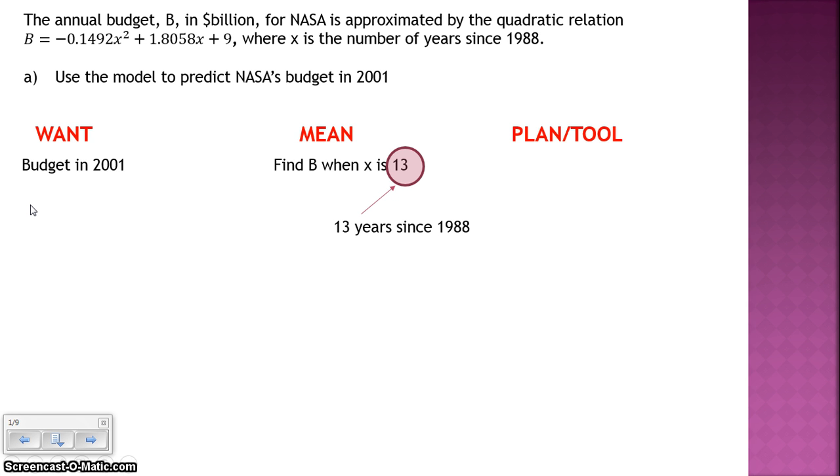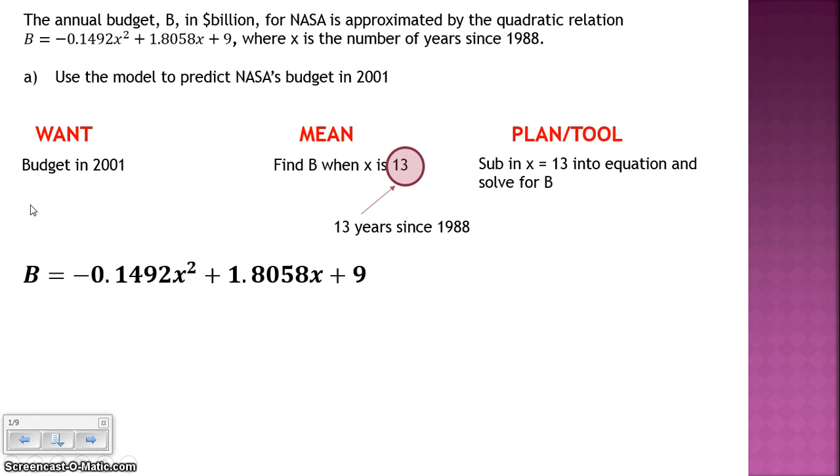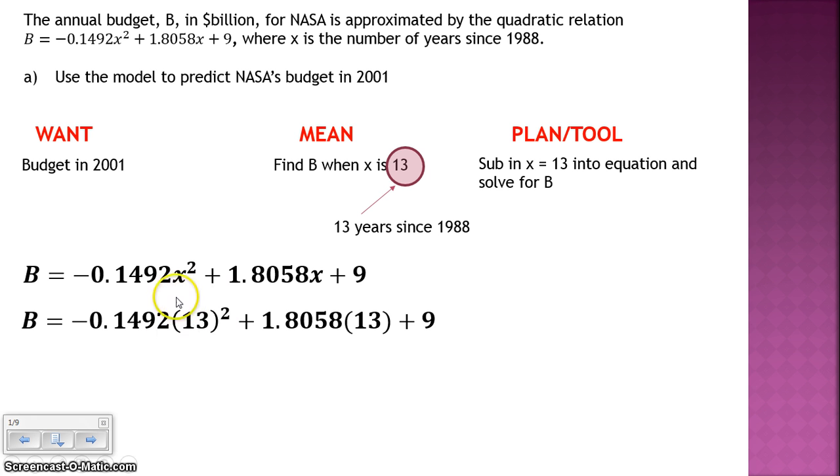So again, how are we actually going to find B when X is 13? Well, we're just going to sub in X equals 13 into our equation and solve for B. So let's go ahead and do that. I have my base equation there. I'm going to sub in 13 for all of my X values. Okay? So I subbed in 13 for X here and 13 for X here. Remember to follow BEDMAS, so you want to simplify your exponents first.